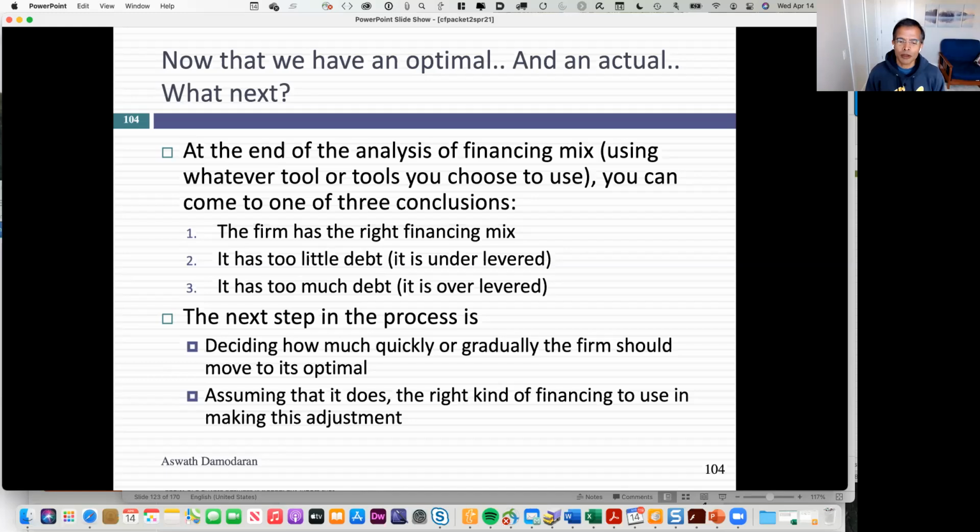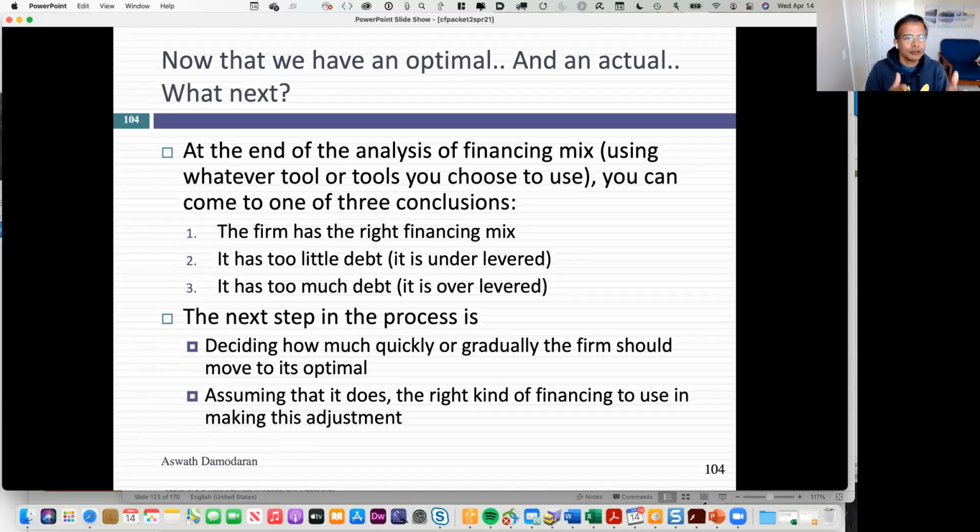Follow the Hippocratic Oath. What's the Hippocratic? Do no harm. If a company is already doing the right thing, just say you're doing the right thing and walk away. It seems like an obvious thing to say, but you know how difficult it is? You're hired as a consultant. Let's say you hang up a shingle, capital structure consultant. Domino's calls you in. You say you have a secret model, but basically you're running a cost of capital approach.